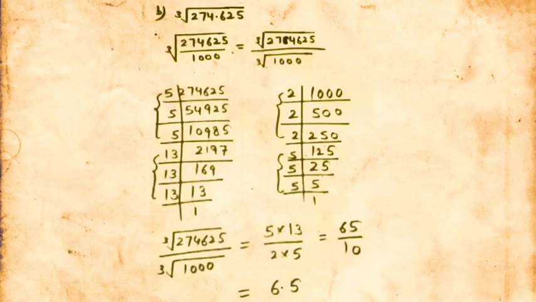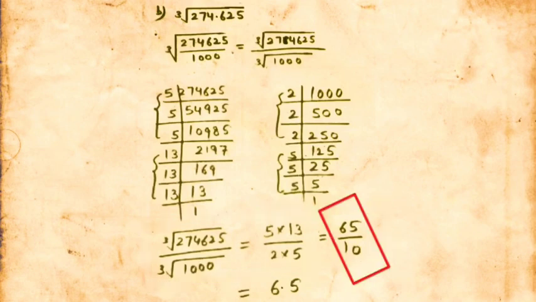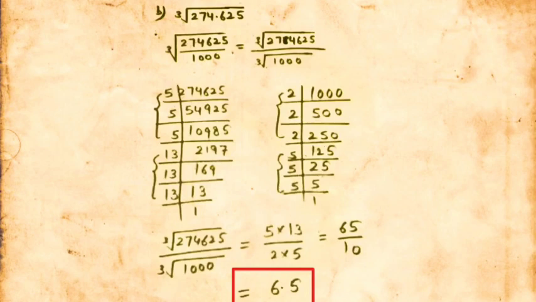The cube root of 274625 over the cube root of 1000 equals 5 multiplied by 13 over 2 multiplied by 5, so the answer is 65 over 10. In decimal form it is 6.5.